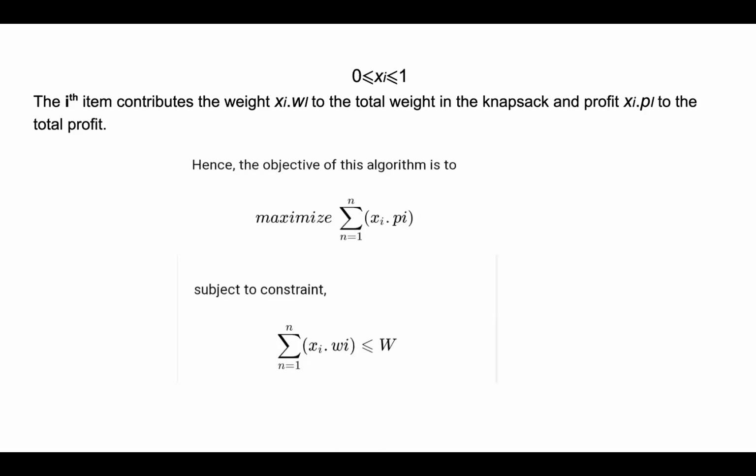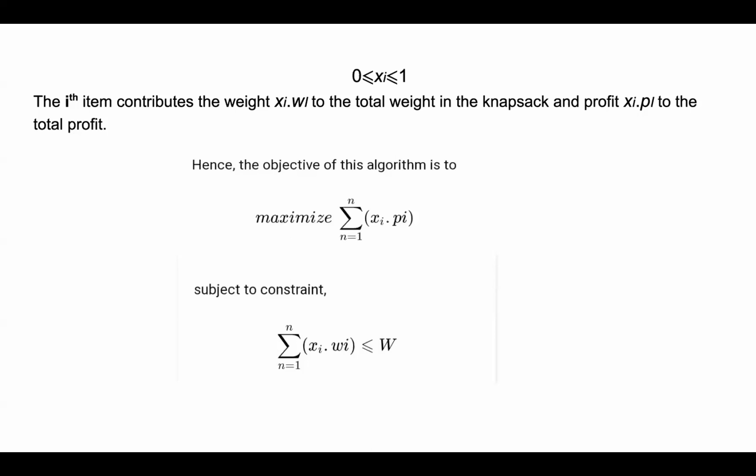Okay, profit we have to maximize here. What we have to do? Profit to be maximized to the total profit. Okay, we will get xi into pi as the profit for the ith item of the given set.